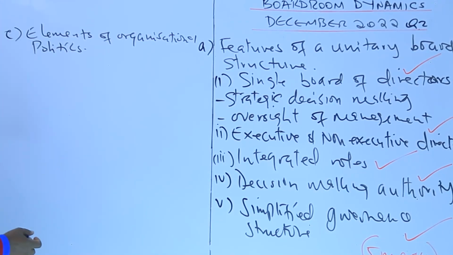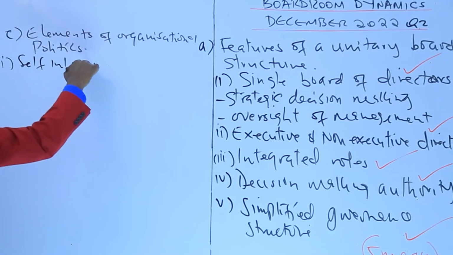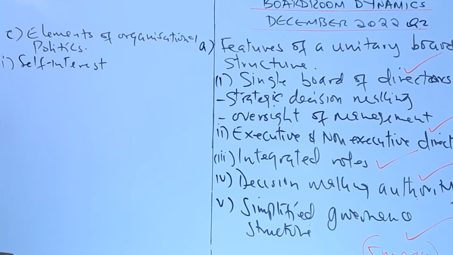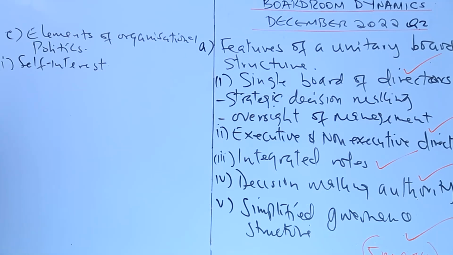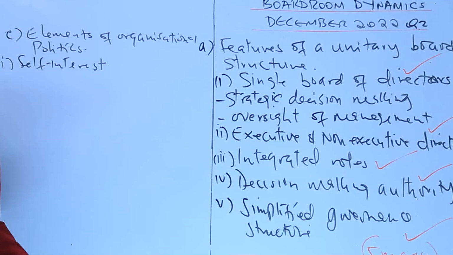The first element is self-interest. Organizational politics often involves individuals pursuing their own self-interests and personal agendas rather than the collective interests of the organization.